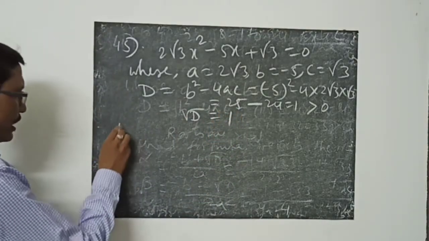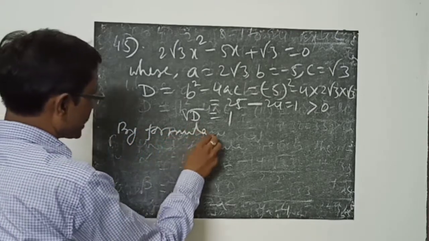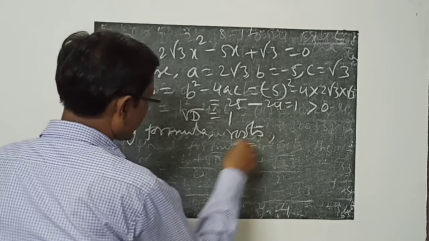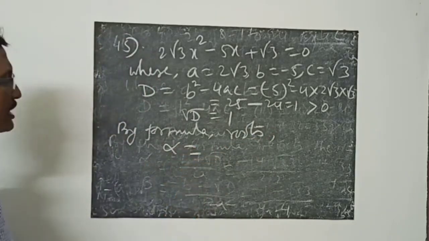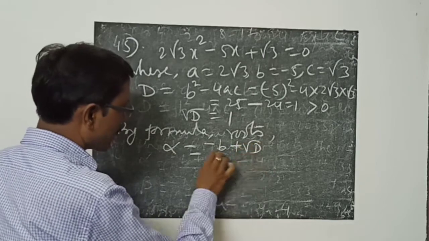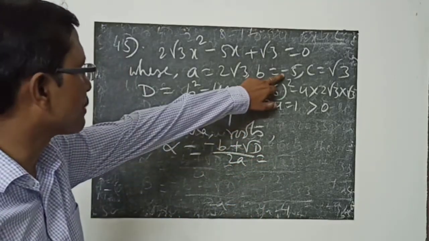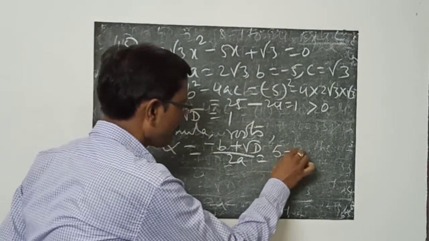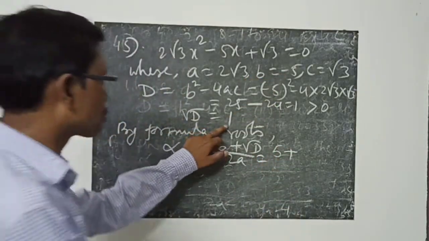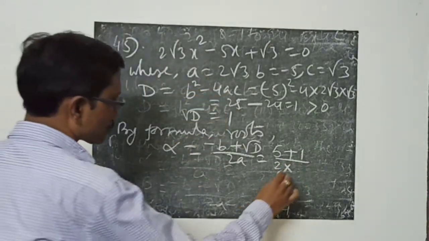Now by applying the quadratic formula, we get the roots. The first root, alpha, equal to minus b plus root D by 2a. So ultimately here it will be minus b, means minus minus, plus 5, plus root D, means 1, by 2a, 2 into a, means 2 root 3.